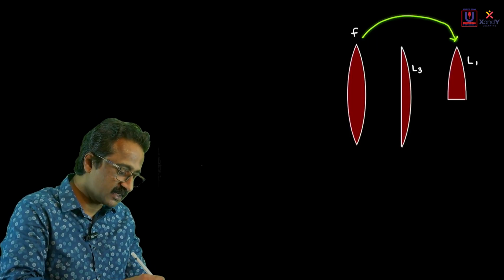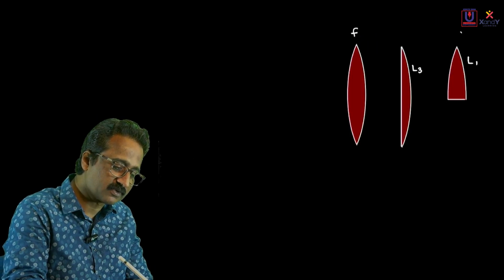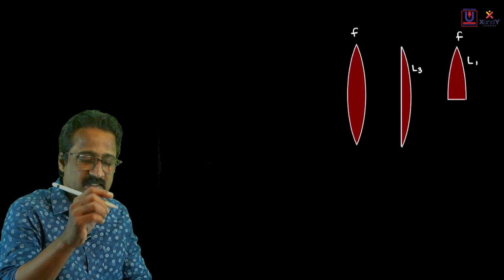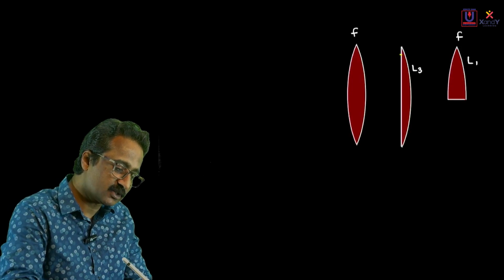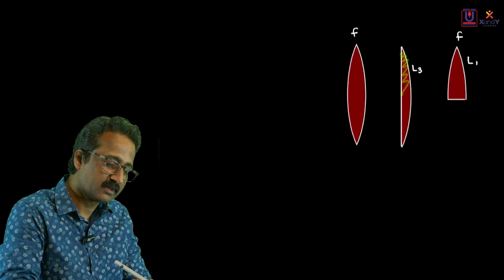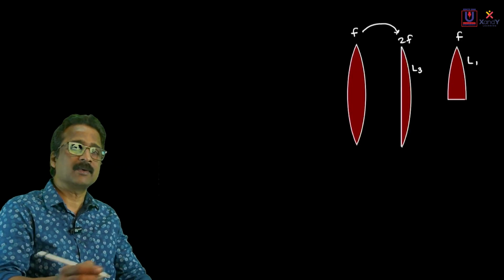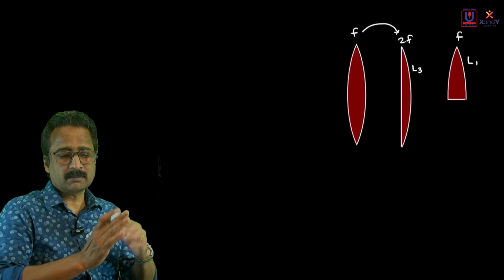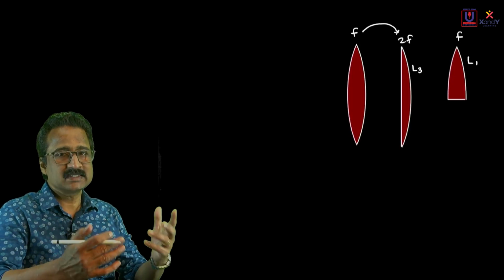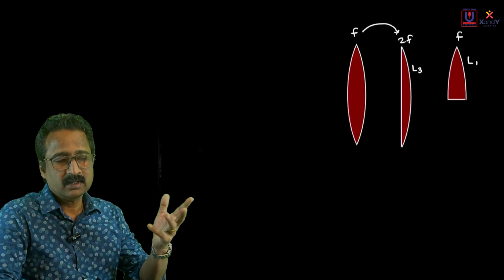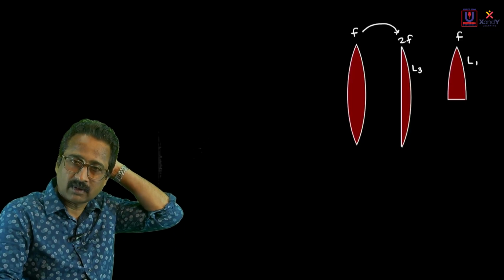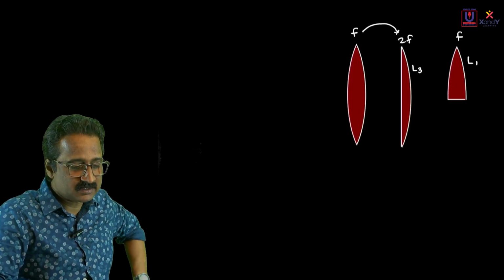The focal length remains unchanged, so the focal length of this will continue to be f. But if you cut the lens in this way, then the focal length is doubled. Then this f will become 2f. It becomes two planar convex lenses, and a single planar convex lens has actually twice the focal length of an equiconvex lens. So in that way, this focal length is 2f.